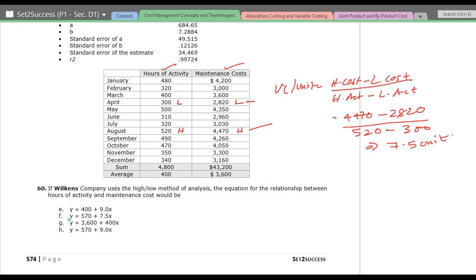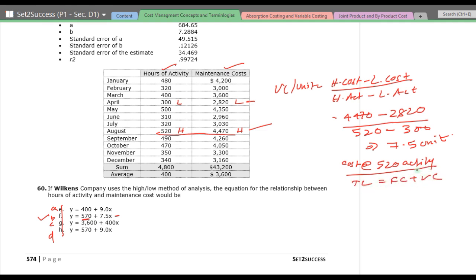So we have options A, B, C, and D. So the option D is correct because we have 7.5x. So let us find the fixed cost. The fixed cost must be 570. So let us take this and find the fixed cost. So cost at 520 activity, the total cost is equal to fixed cost plus variable cost.